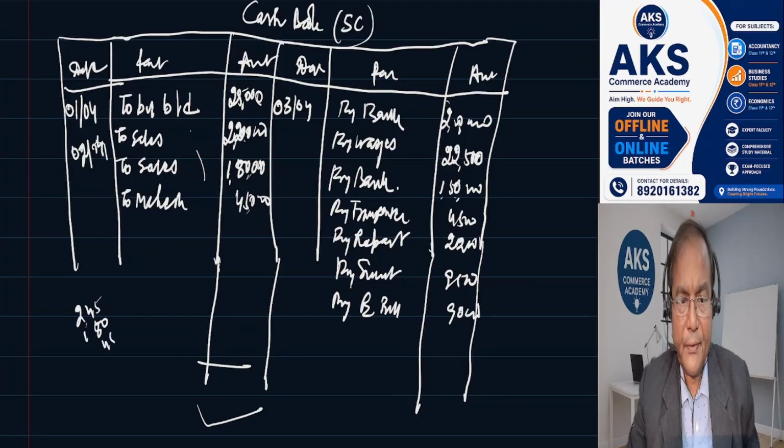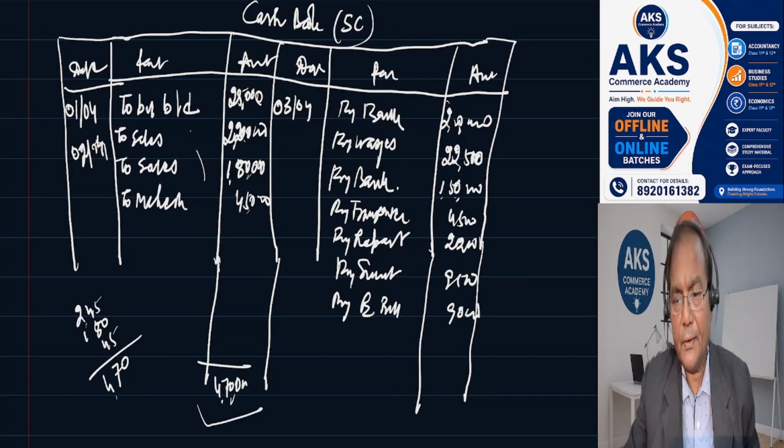This is how it is. So 4 lakh 70,000. Okay, 4 lakh 70,000.